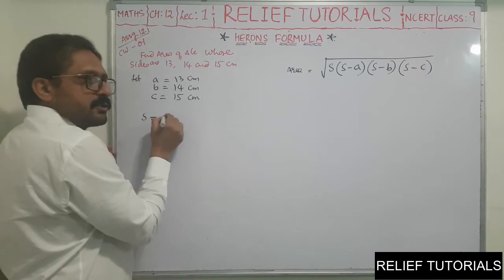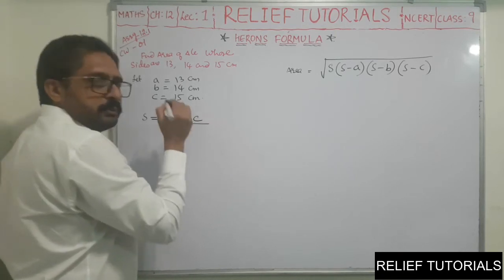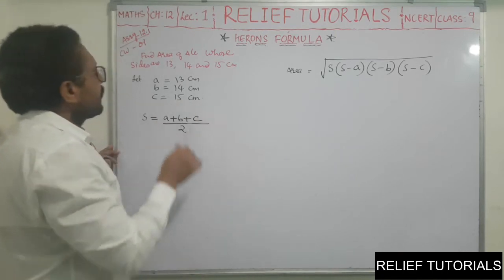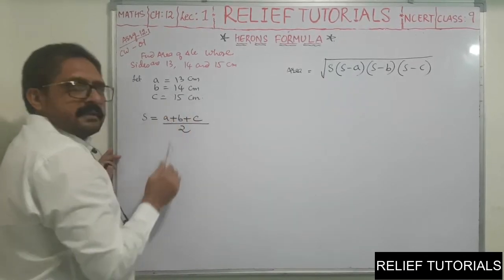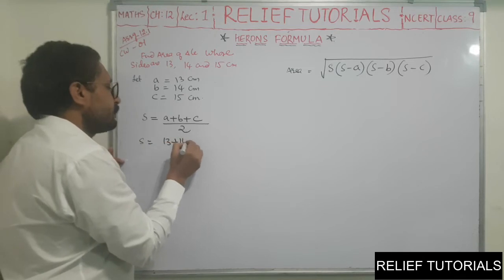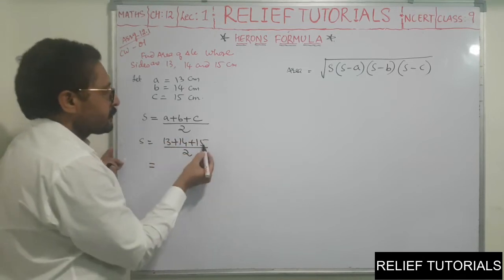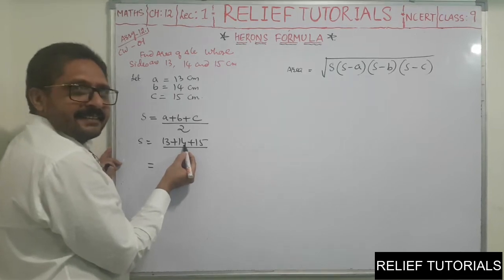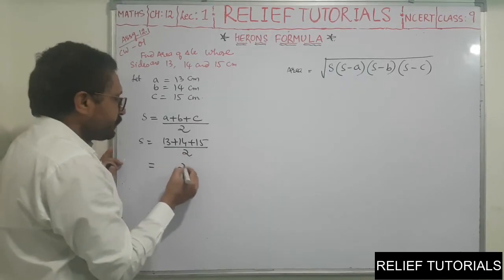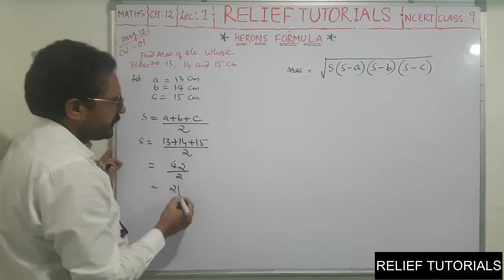Semi-perimeter S is equals to A plus B plus C by 2. Clear? So now you know that A is equals to 13, B is equals to 14, C is equals to 15. So S is equals to 13 plus 14 plus 15 divided by 2. So that is equals to 5 plus 4, 9. 9 plus 3, 12. 2 carry 1. 42 upon 2. So that is equals to 21.